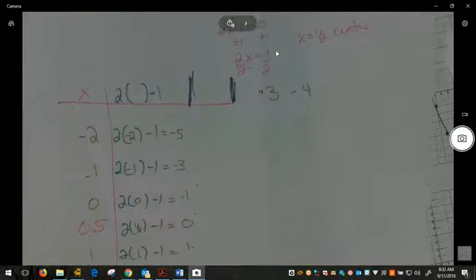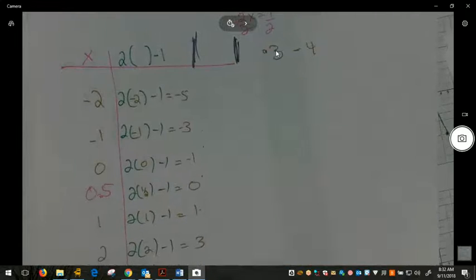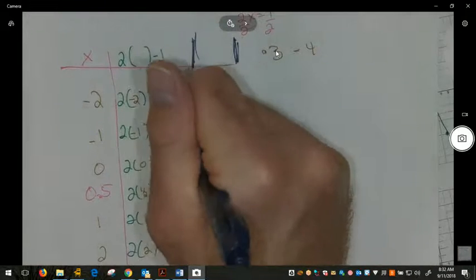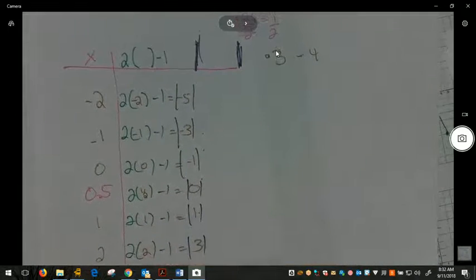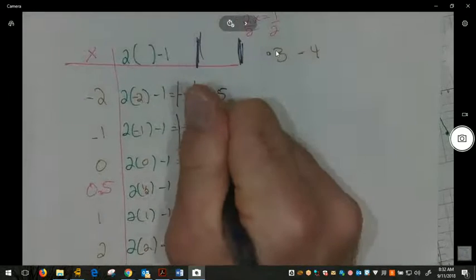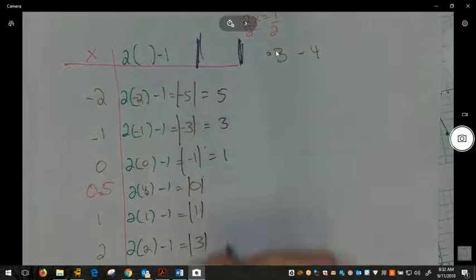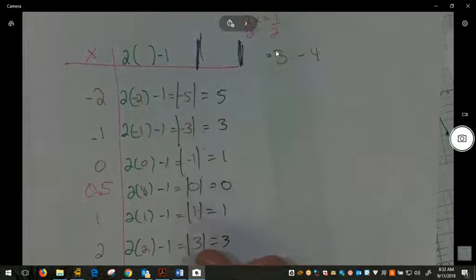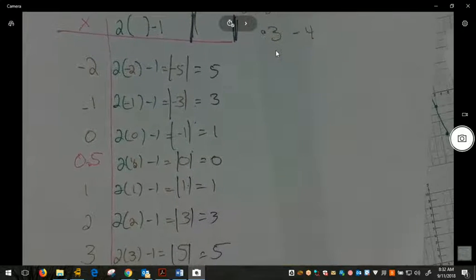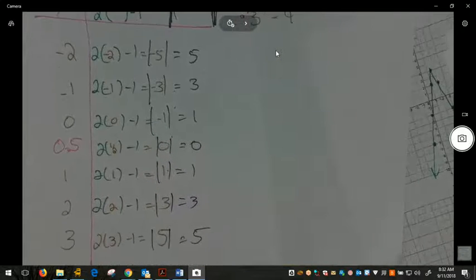So we'll deal with that in a second. Right now we're just doing the absolute value of each of these: -5, -3, -1, 0, 1, 3, and 5. It always comes out positive or 0. So 5, 3, 1, 0, 1, 3, 5. So that's what we've gotten after we've done the absolute value.